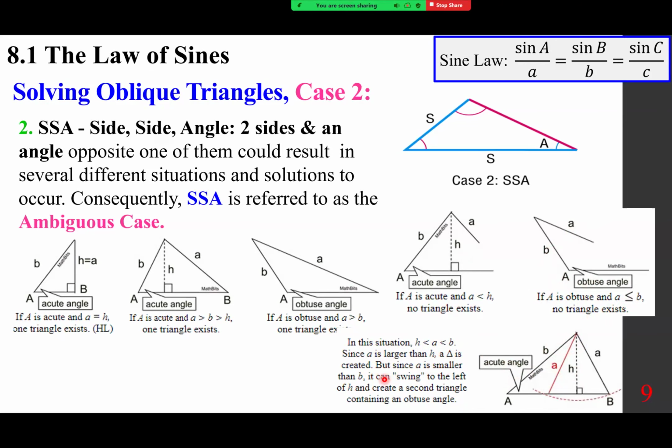But since A is smaller than B, it can swing to the left of H and create the second triangle containing an obtuse angle, meaning there's a possibility of having two. So this one could be A, or this one could be A. So there are two possibilities. So one solution, no solution, two solutions. We will look at all those examples.